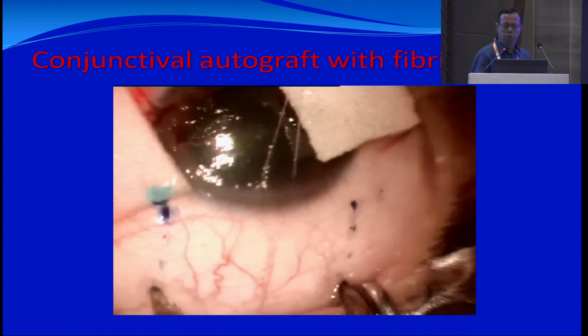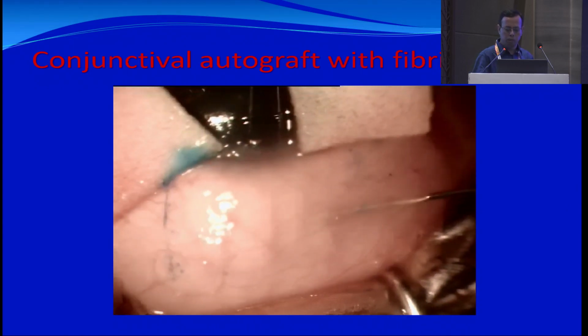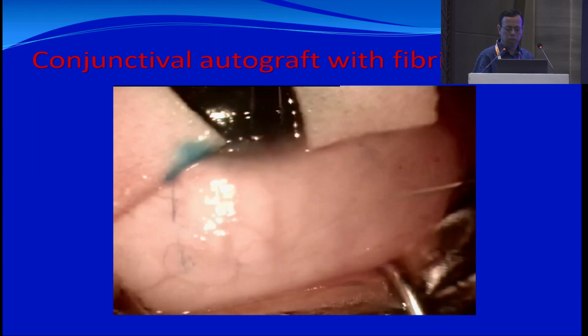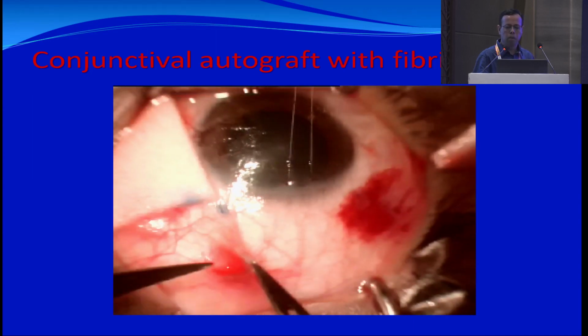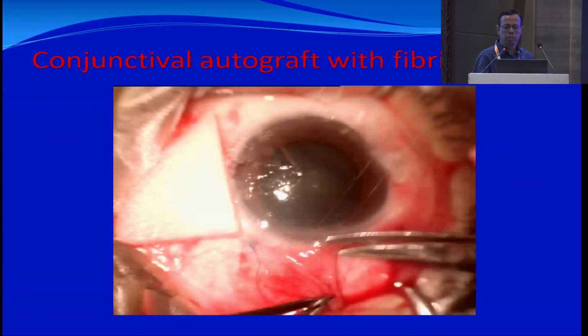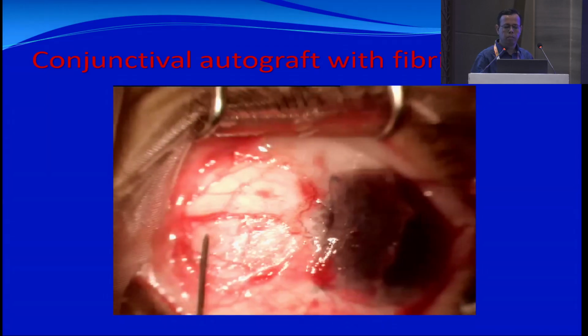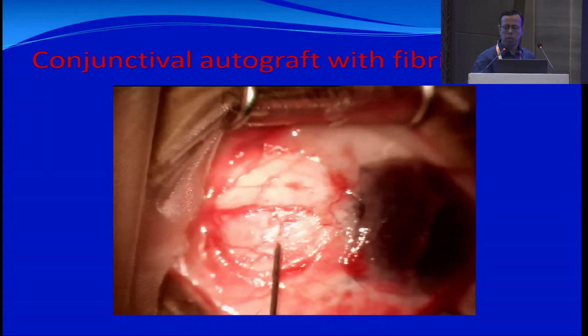So here we have to measure the size of the graft and carefully dissect this conjunctival graft. And here we are applying the fibrin glue.